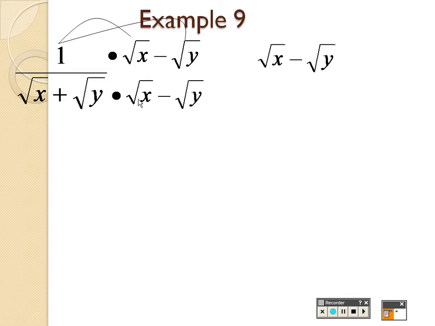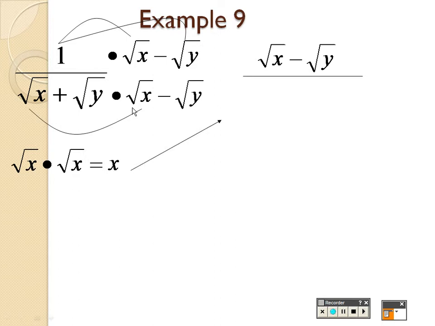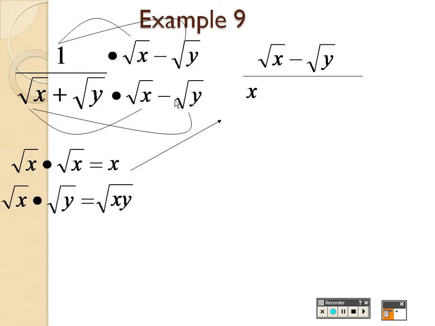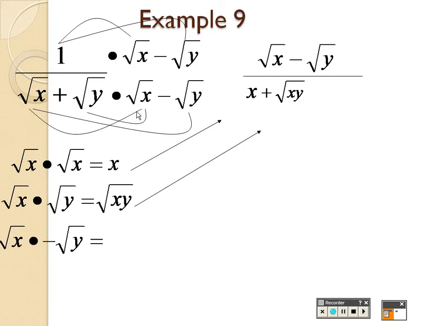This I need to FOIL. That's the problem. So root x times root x is just an x. So I have an x right there. Root x times negative root y, well, it's root xy, but it's negative, so I plug that in there. And root y and root x, same thing, but we got a negative there.